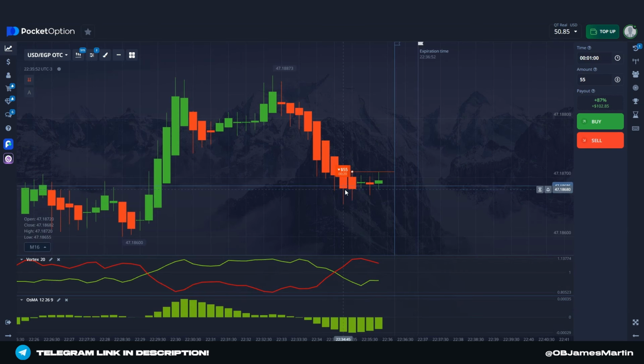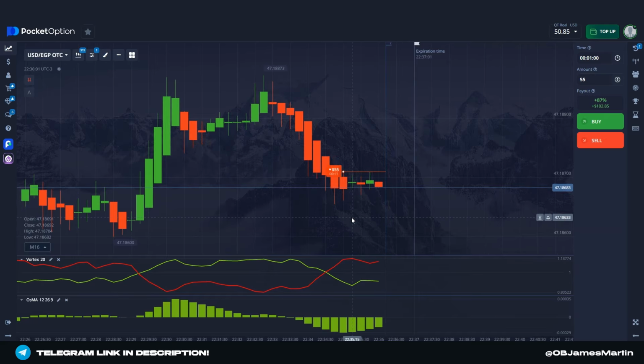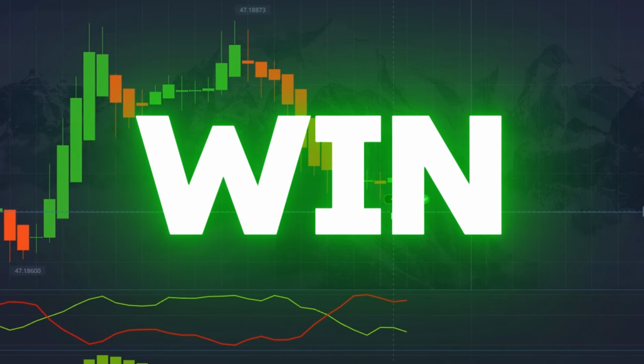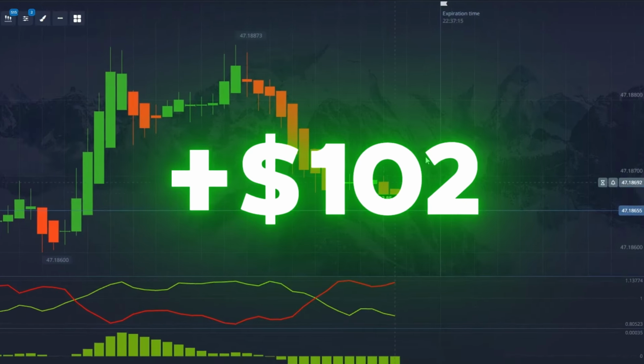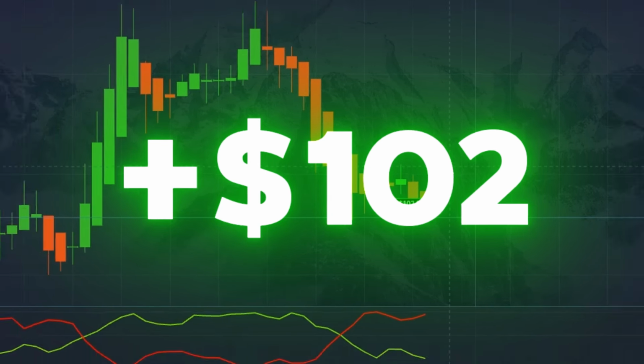So that is the point, guys. And look at that, we got 16 seconds toward the end of the trade. Alright, let's wait and see how this trade will turn out. As you can see right now, guys, the candle is below the entry line, and we have another good profit again. It's very good profit, guys. Look at that, $153 in total.